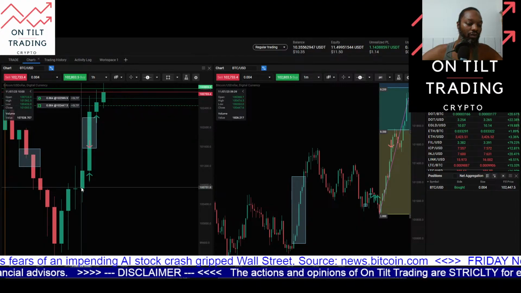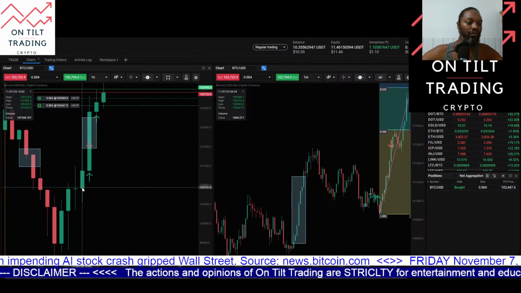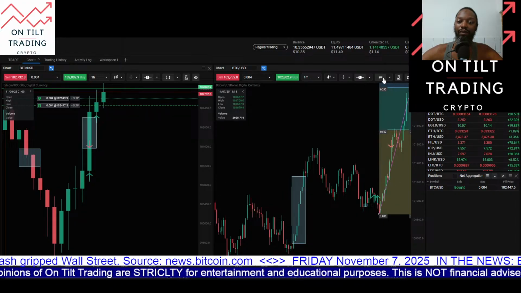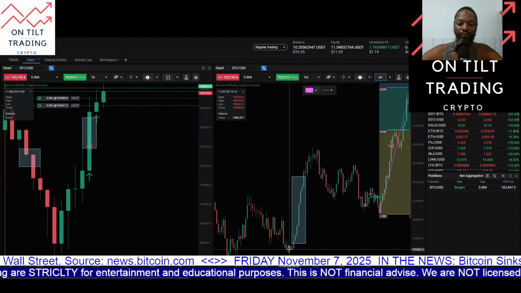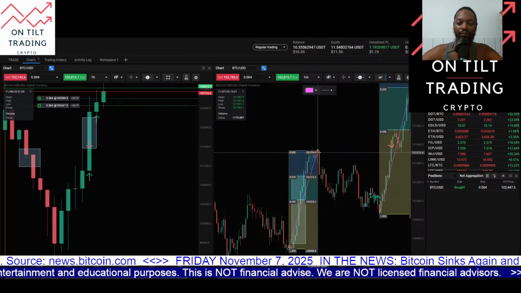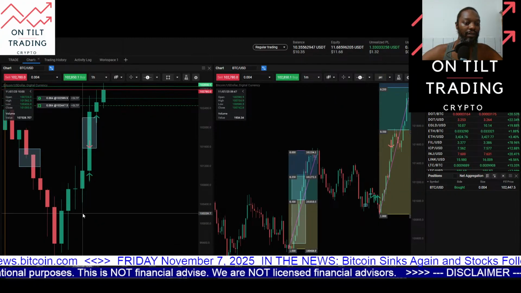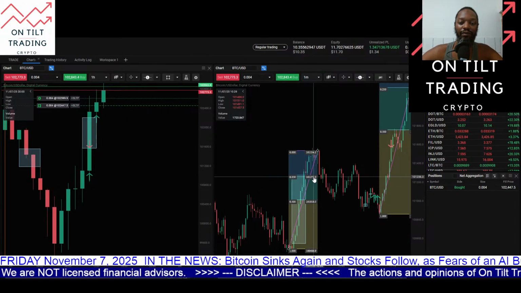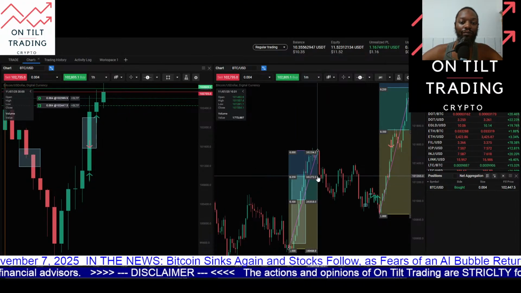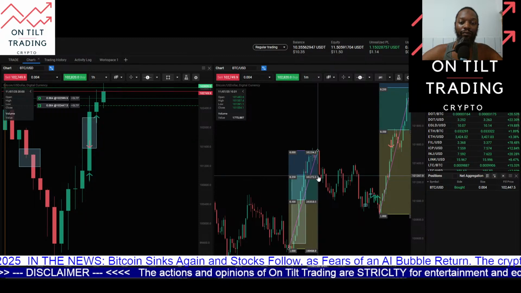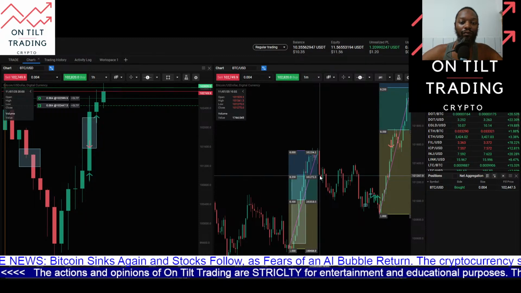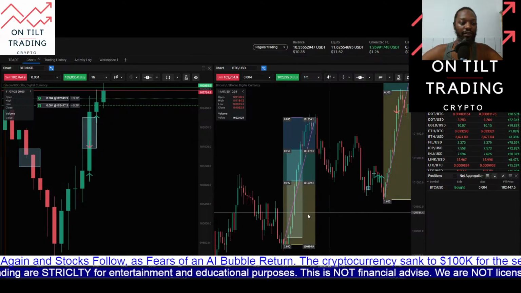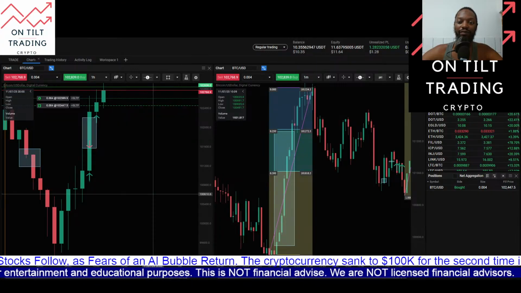So the low here is 433.9. I believe the high is going to be here, which is 101.5625. Okay, so this is the equivalent here of that candle.